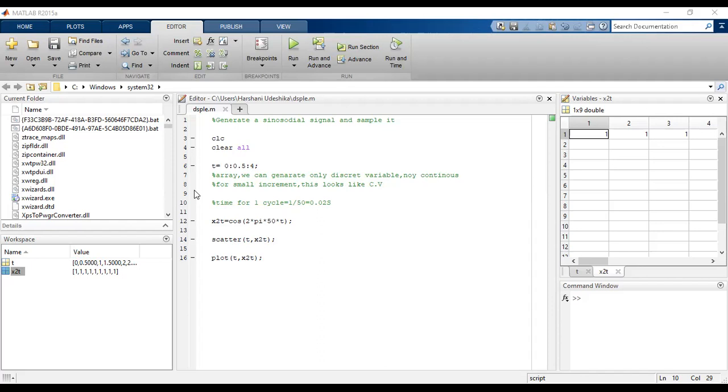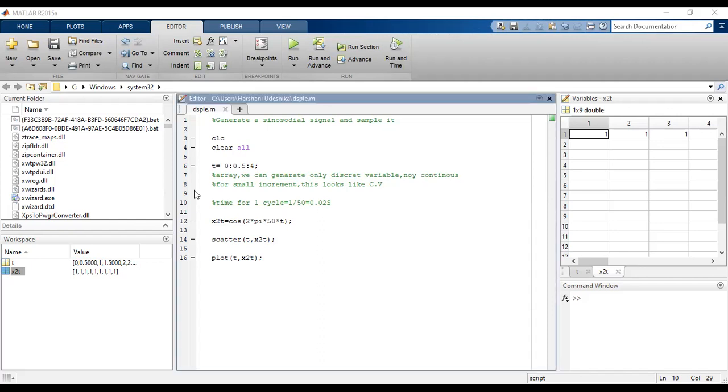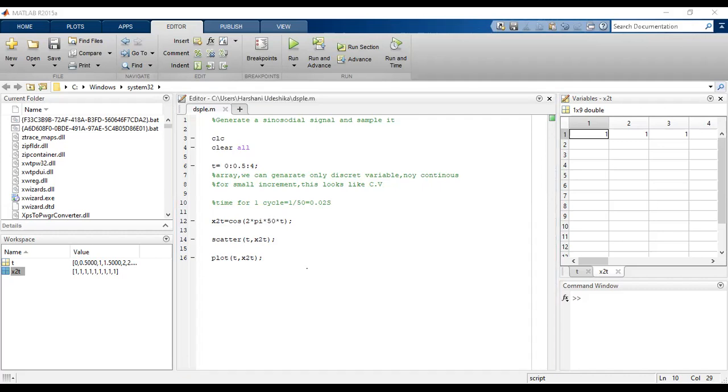To get the sinusoidal signal, what you have to do? You have to calculate these points. I think you can understand what I'm saying. We have a signal like this.